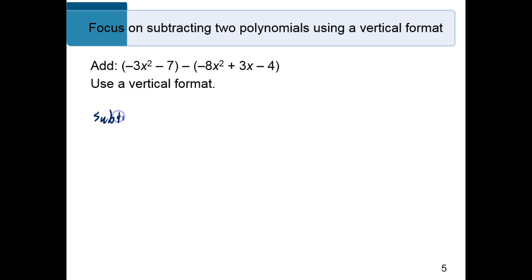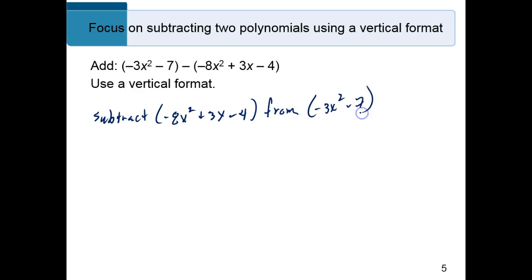Subtract minus 8x squared plus 3x minus 4 from minus 3x squared minus 7. Is that the same problem or not?